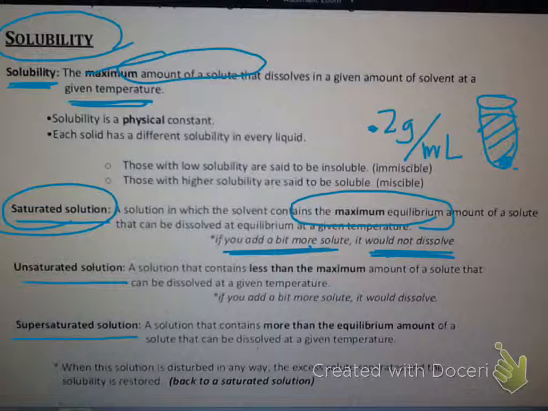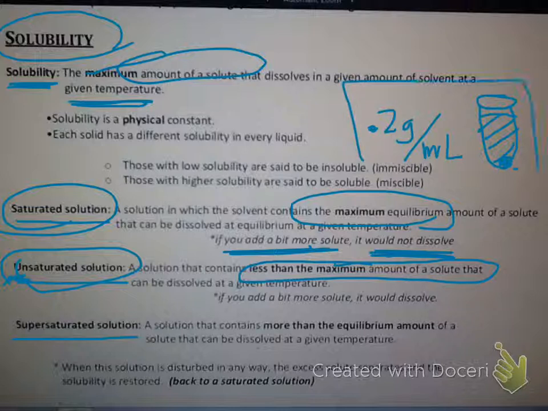It will not dissolve. What is an unsaturated solution then? An unsaturated solution is a solution that contains less than the maximum amount of solute that can be dissolved at that temperature. So once again, let's say that the solubility limit of the solute in the solvent is 0.2 grams per milliliter. If I only dissolve 0.1 gram into a milliliter of that solvent, I've not reached the saturation limit or the solubility for that solvent yet.